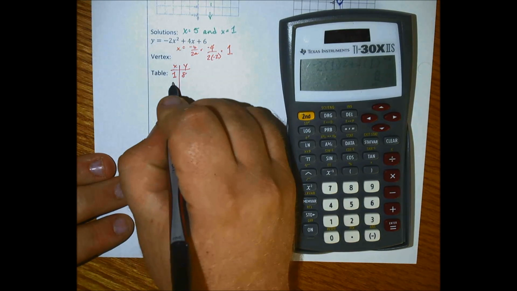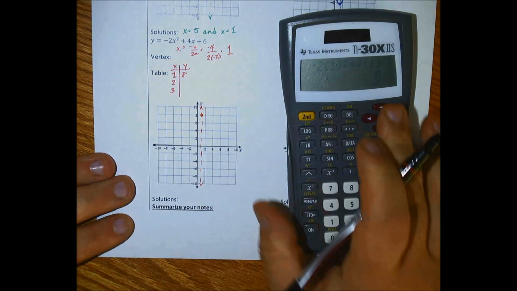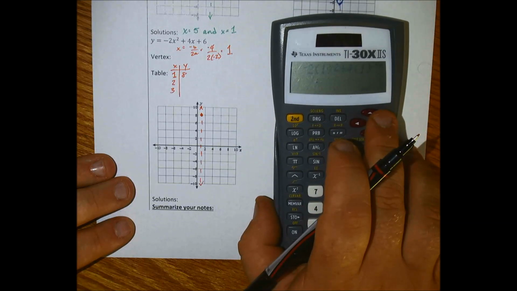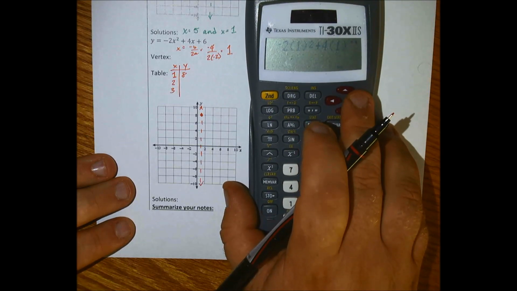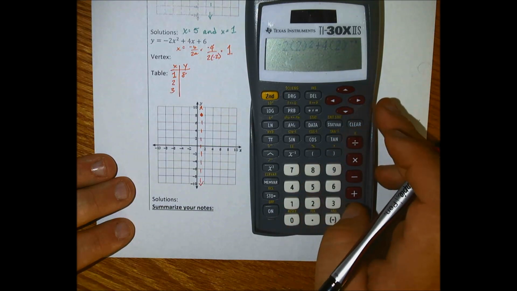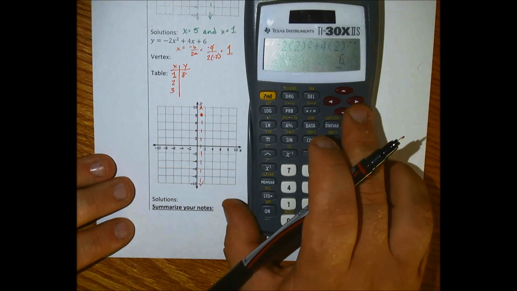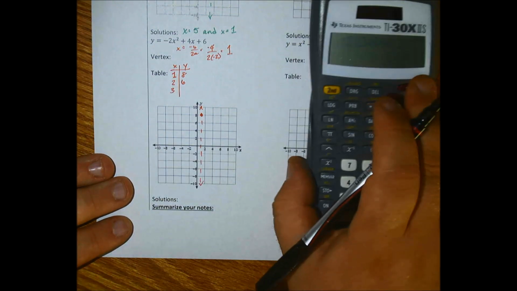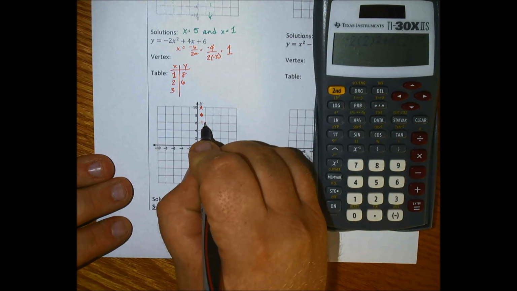And so let's go with 2 and 3. Make it easy. Let's see how that works out for us. So we'll plug in 2. So at 2 it's 6.